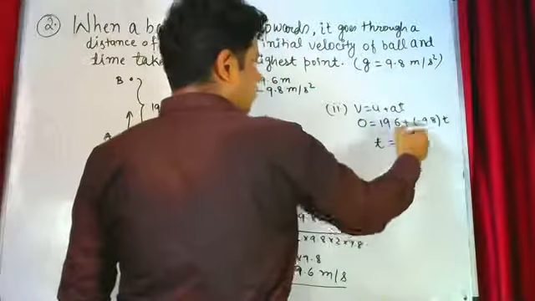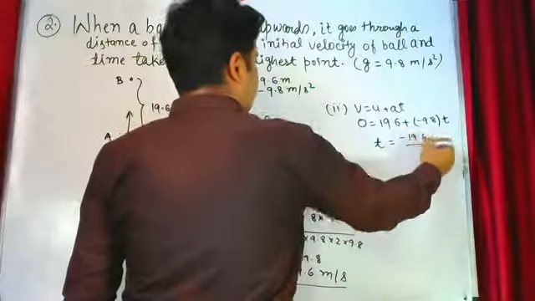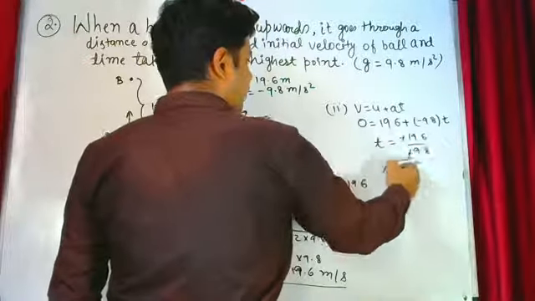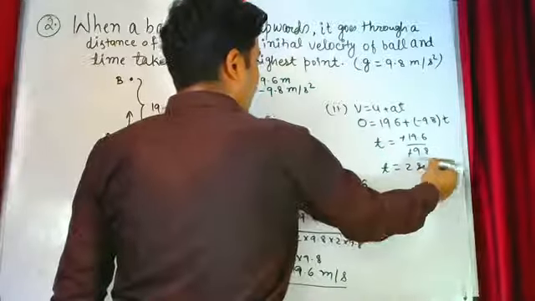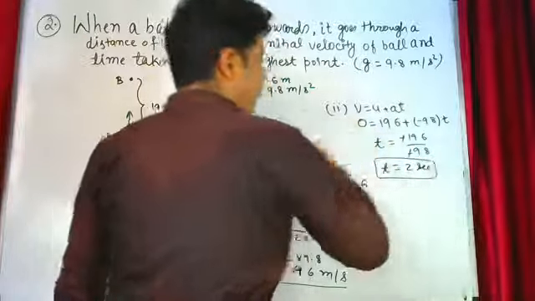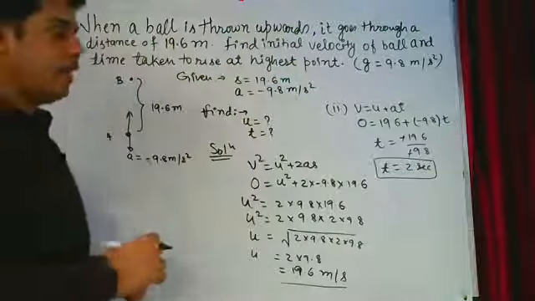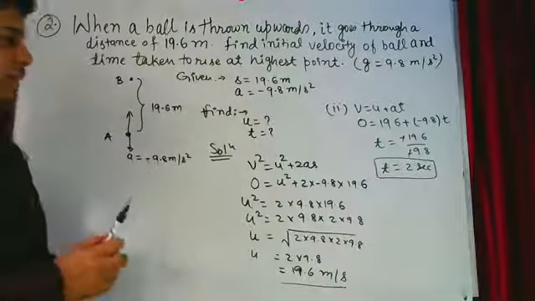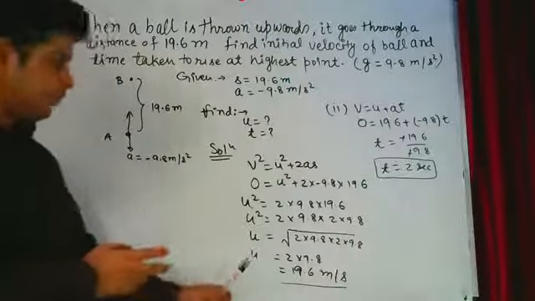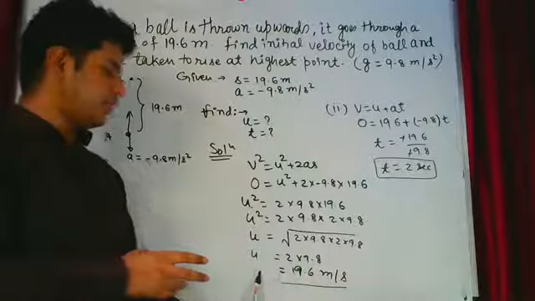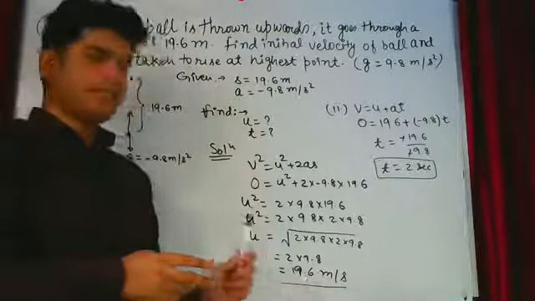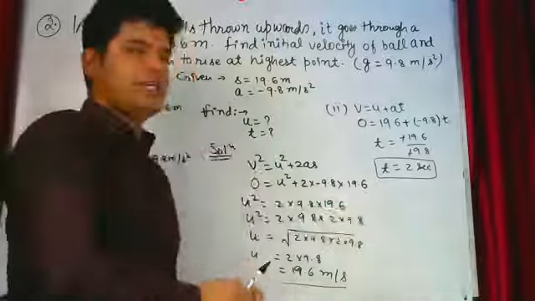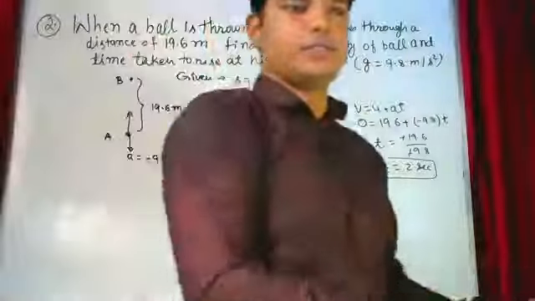This t becomes minus 19.6 upon minus 9.8, which means time taken will be 2 seconds. Fine. I hope you got your answer. The initial velocity or initial speed will be 19.6 meter per second and the time taken to reach the highest point is 2 seconds.